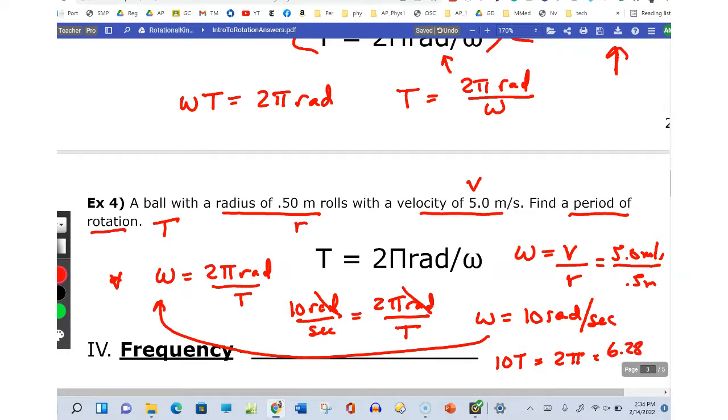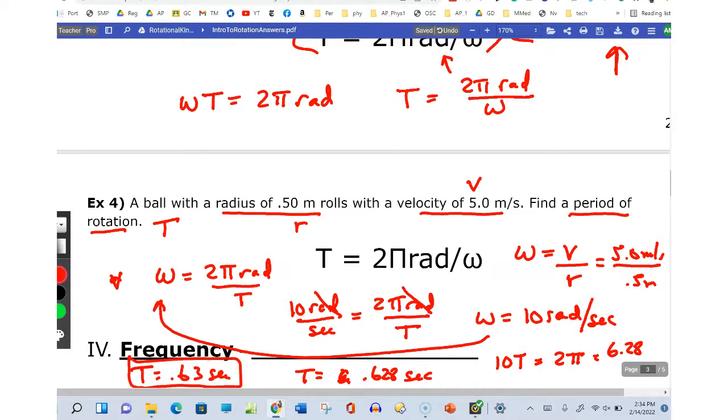Now divide both sides by 10. The period is 6.28 divided by 10, which is 0.628 seconds. With two significant digits, the period is 0.63 seconds.